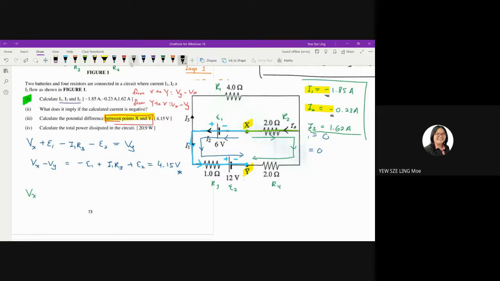What happens when I pass through R2 is that now my current flow and my traveling direction are opposite to each other. If they are in the same direction, it experiences a potential drop. Since they are opposite, I will have a positive value. Why?